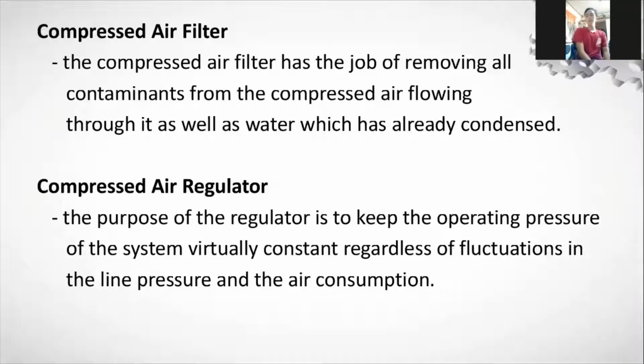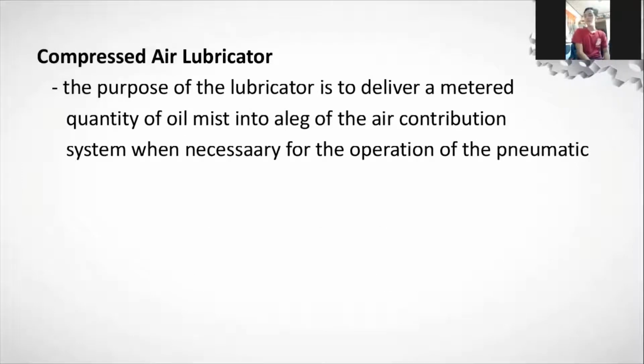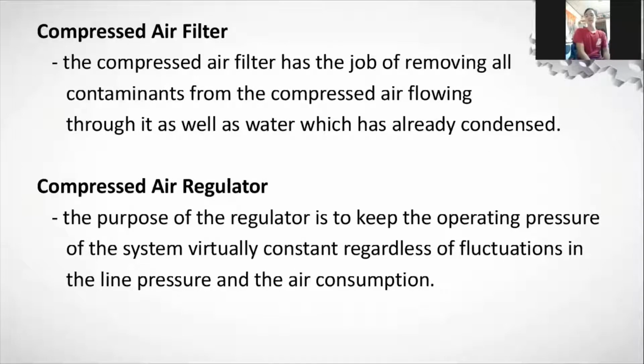So, may mga parts ang regulator. Meron tayong main spring, meron siyang valve, may diaphragm, tsaka may spring adjusting screw. Kung babalikan natin yung laboratoryong ating ginawa, gumamit tayo dun ng compressed air filter, compressed air regulator, compressed air lubricator. Yung compressed air regulator, siya naman yung nagre-regulate ng hangin na galing dun sa na-filter na.